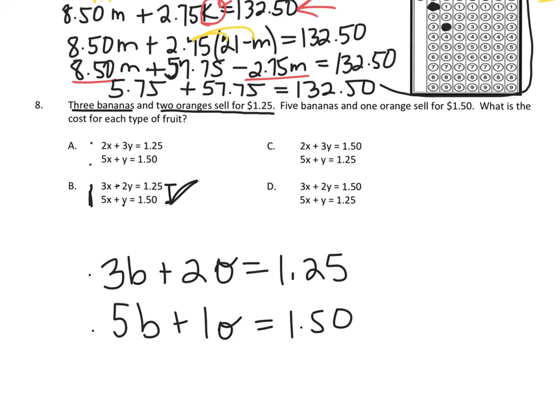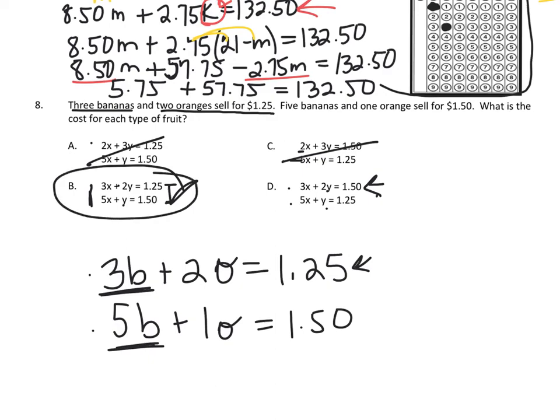This one has a 2 and a 5 for the same variable, and we need the 3 and the 5 to be the same variable, so it's not that one. Again, 2 and 5, it's not that one. Here's a 3 and a 5, a 2 and a 1, but the 1.50 is not on the right equation. So this is going to be our answer.